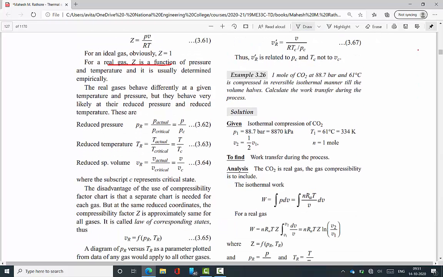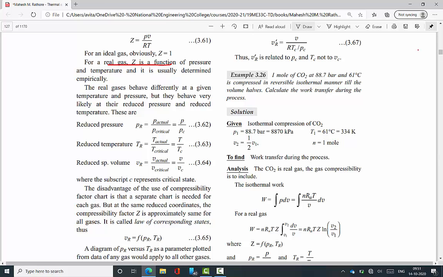The disadvantage of the compressibility factor chart is that a separate chart is needed for each gas, because every gas behaves very differently with pressure and temperature.